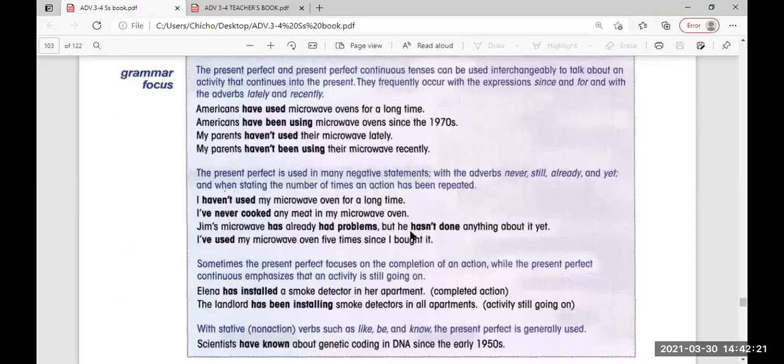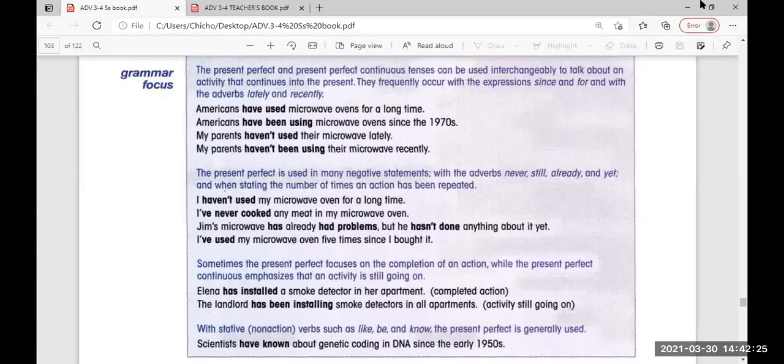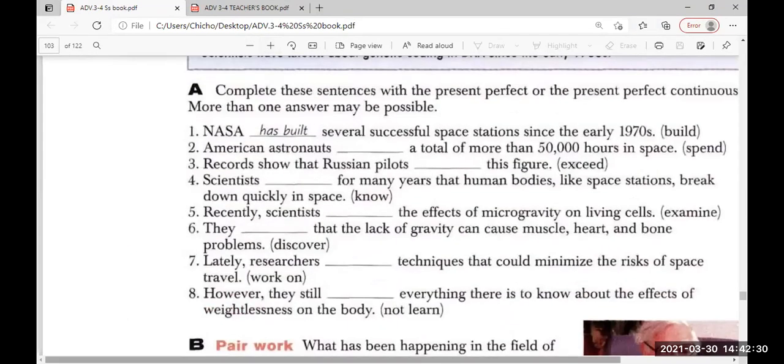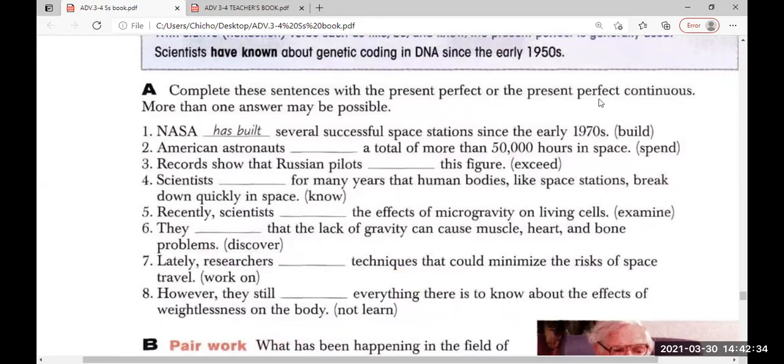Okay. Any other questions about this? Okay, let's see. Let's practice with these exercises. It says, complete these sentences with the present perfect or present perfect continuous. More than one answer may be possible.